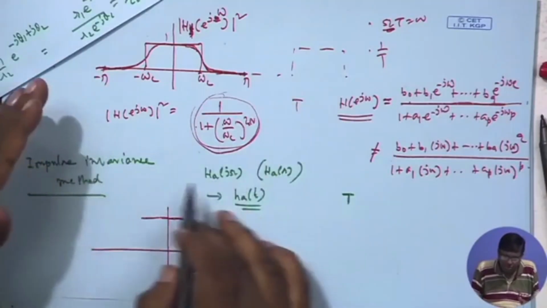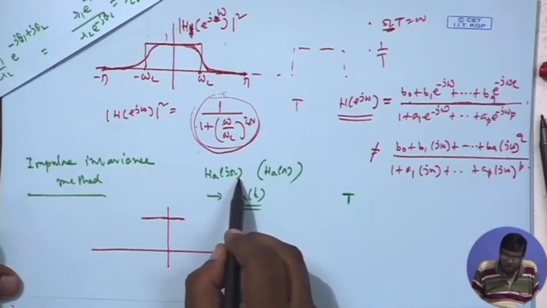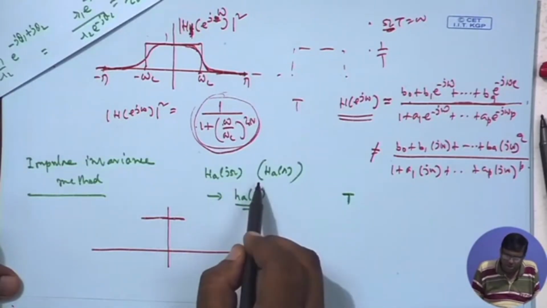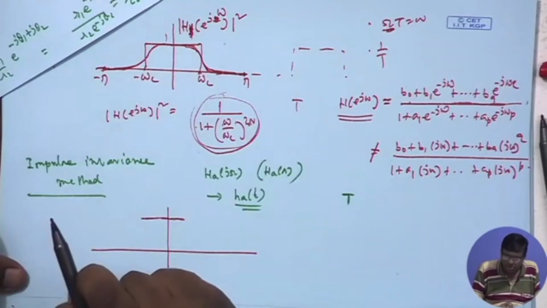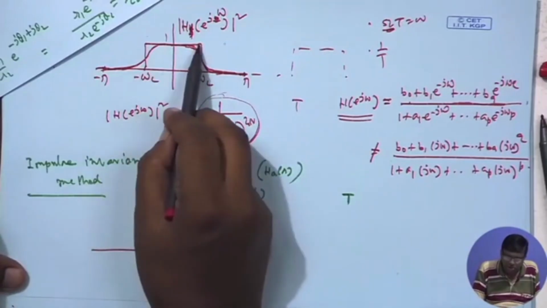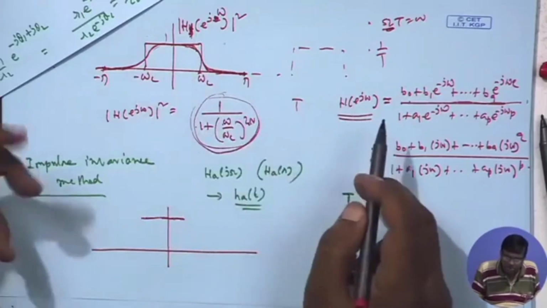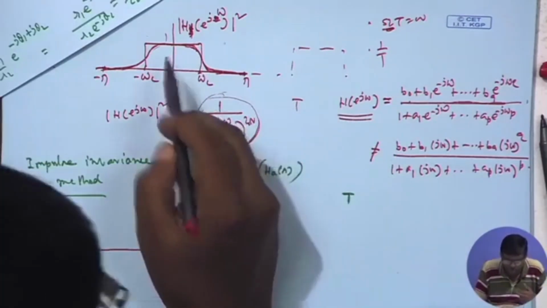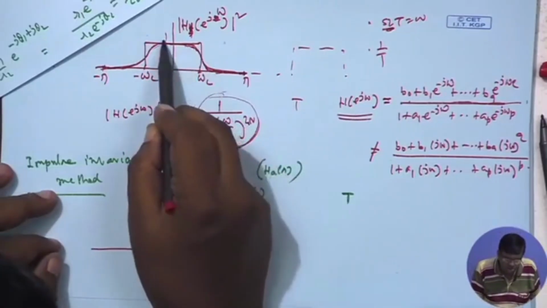Here I am trying to go in the opposite direction, constructing an H(j omega) so that mod H(j omega) square is a Butterworth function. Originally the basic DTFT was 1, and squared it is 1.